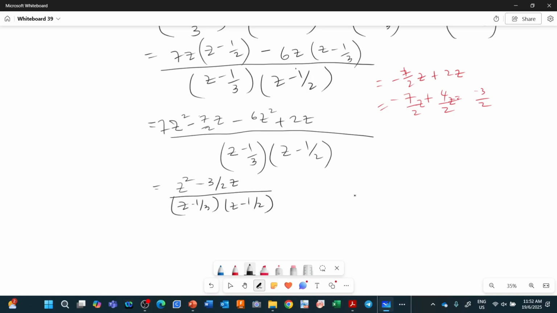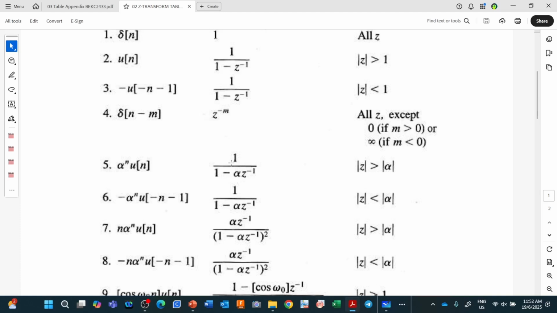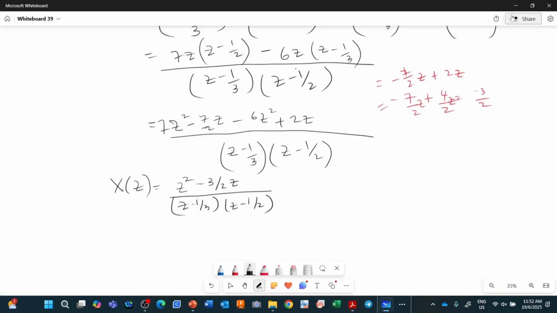So X(z). However, based on what you have learned in the z transform table, we are referring to this table, you want to leave it in the form 1 over 1 minus a inverse z. So what we need to do is divide this by z over z again, because just now we converted it. Divide it again so that it's in the familiar form.